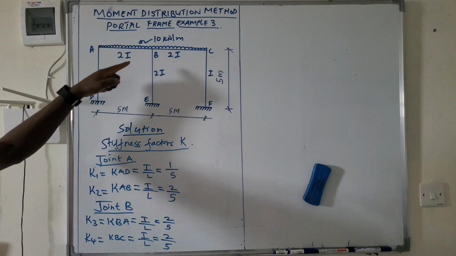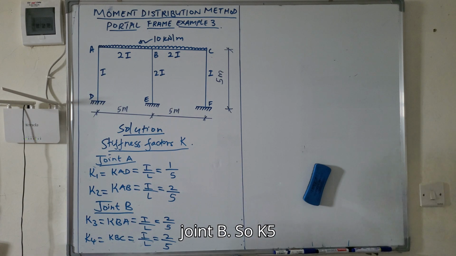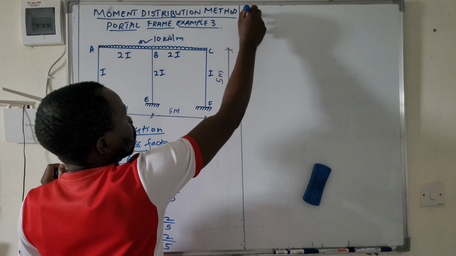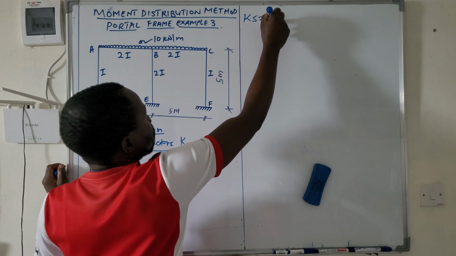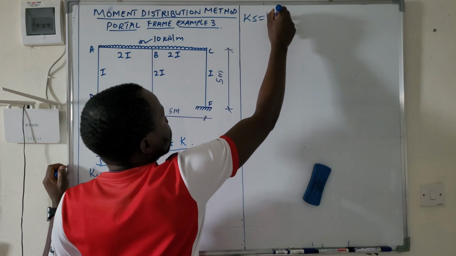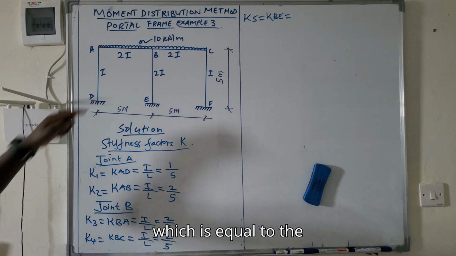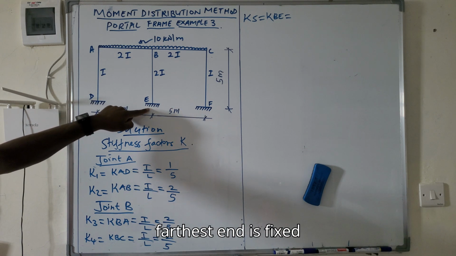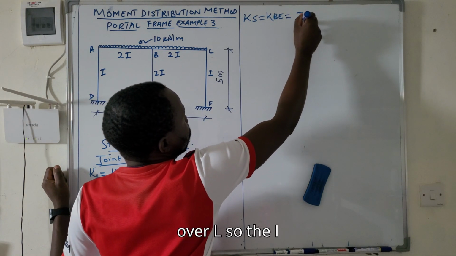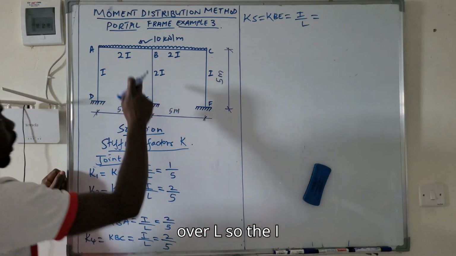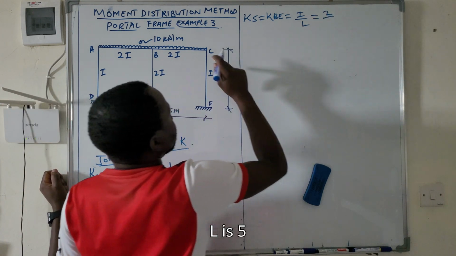We proceed to K5, which is KBE, under joint B. K5 is equal to KBE, and the farthest end is fixed, so again I over L, where I is 2 and L is 5.